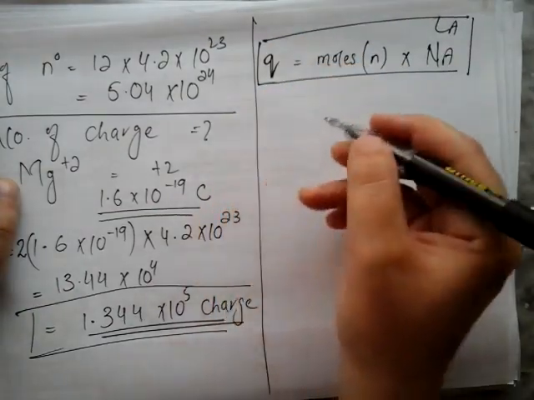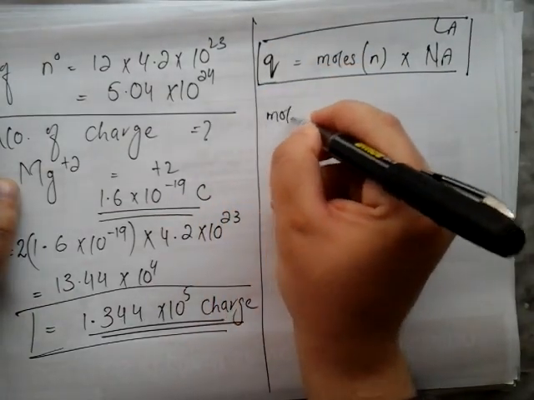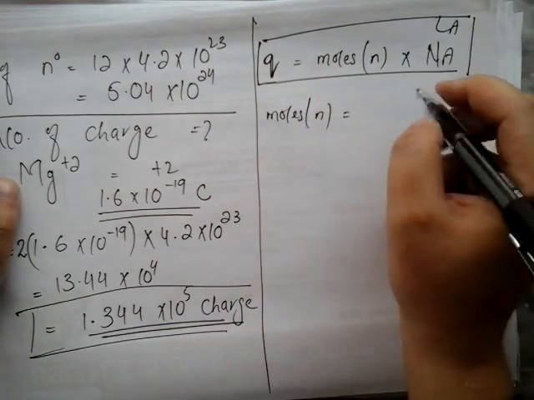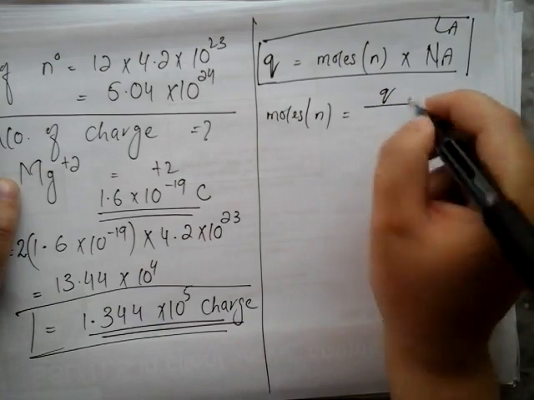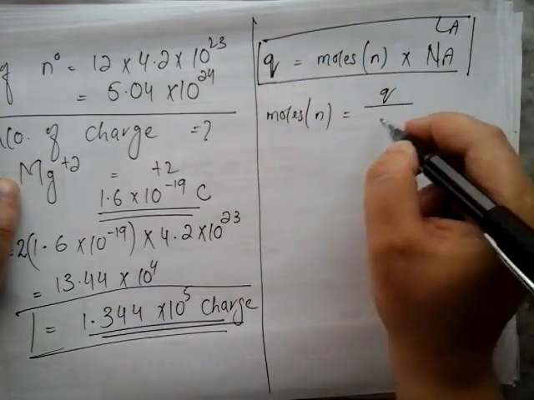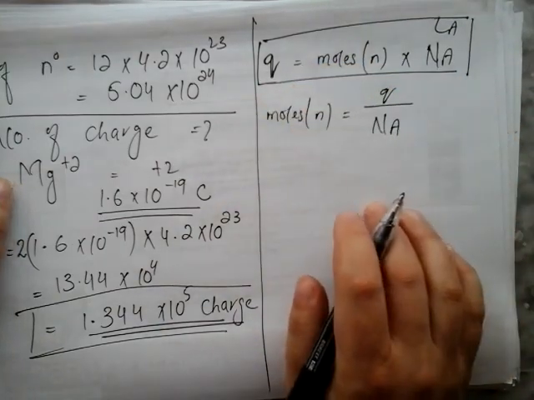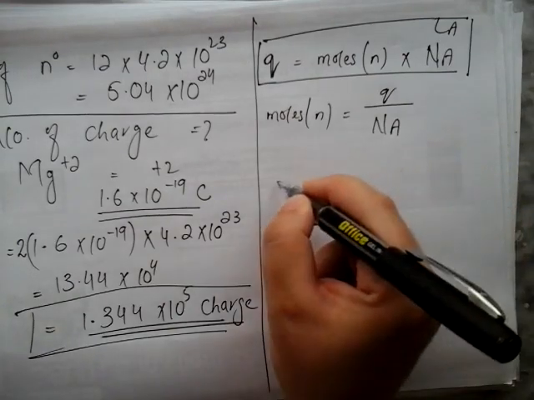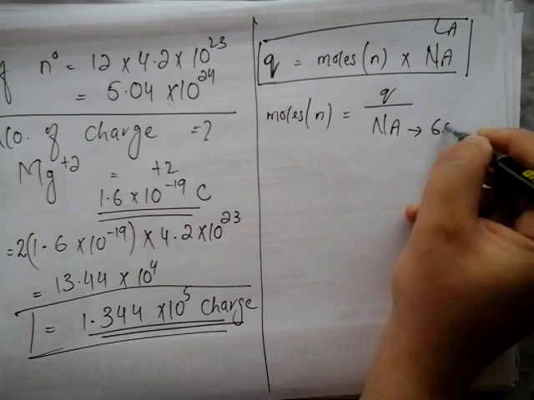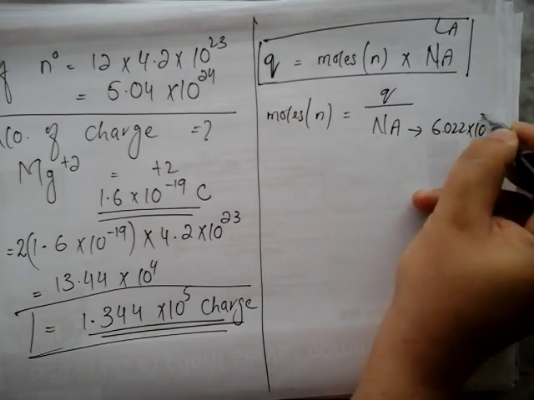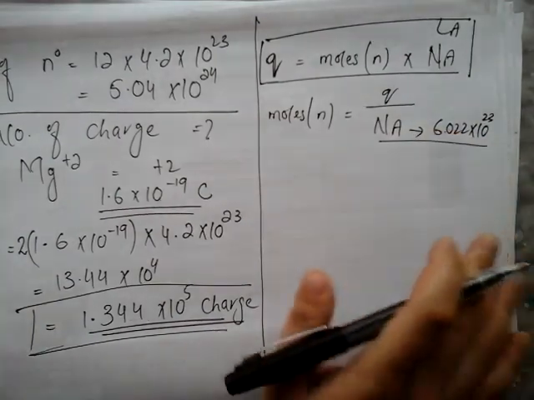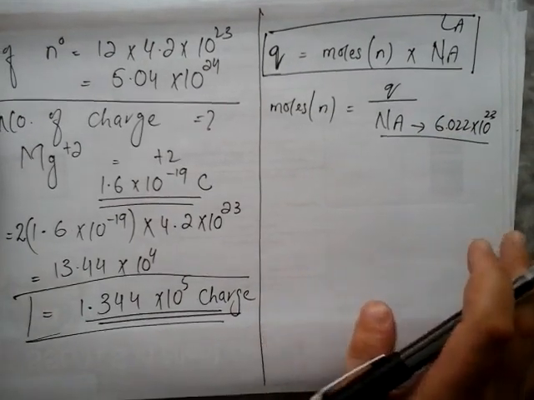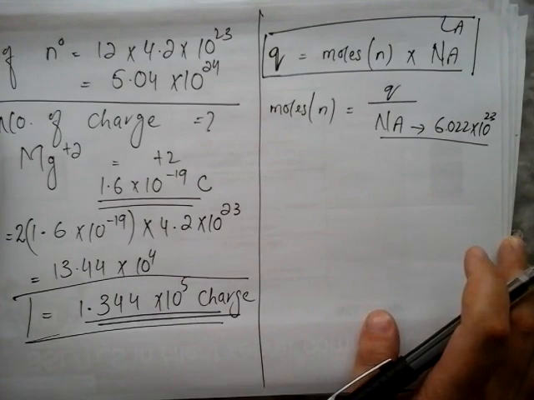And if you want to find the moles, you just need to divide the given amount of the substance by the standard value, Na, which is always 6.022 into 10 raised to power 23. Such questions do come in A-level examinations, and I hope that you've understood the lecture.